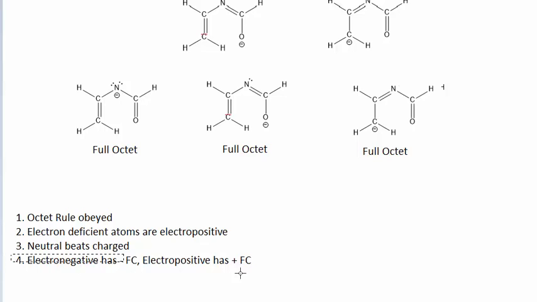So really, the next thing we're going to look at is rule number 4 over here. Which one of these atoms is bearing the negative charge? So here we have nitrogen, here we have oxygen, and here we have carbon. We want the most electronegative atom to be bearing the negative charge. That's going to be the most stable, if all things else are equal. So we know this will be the worst. And since oxygen is the most electronegative, we know that this middle structure will be the best.